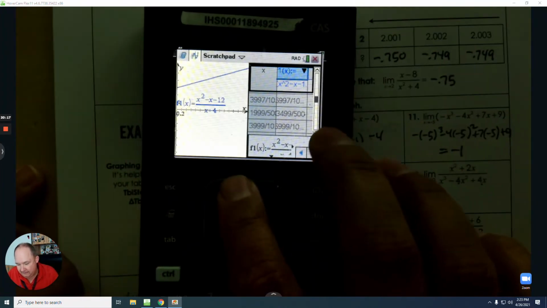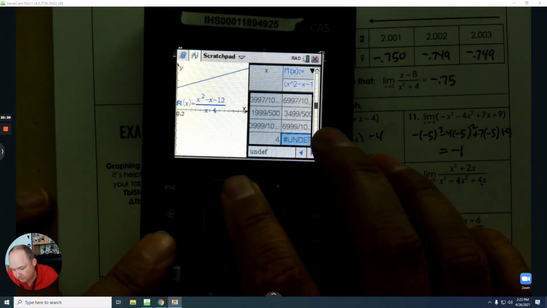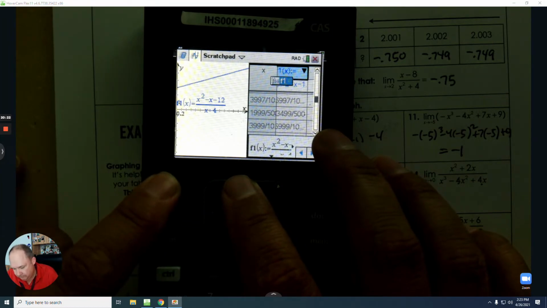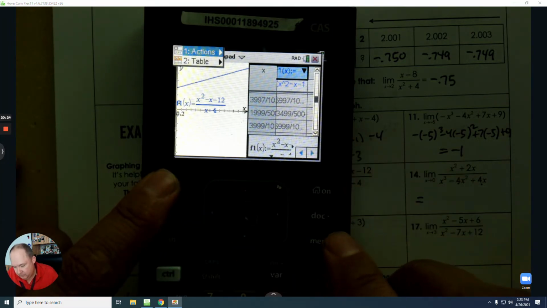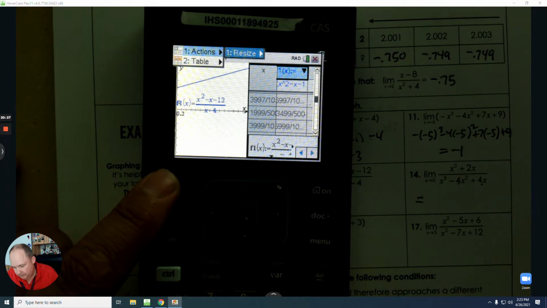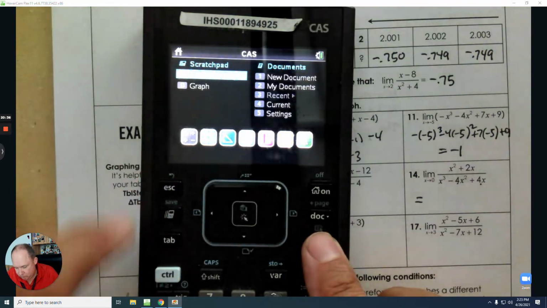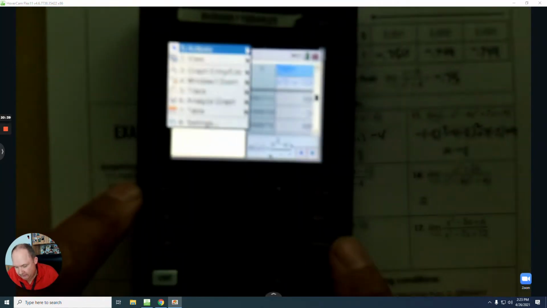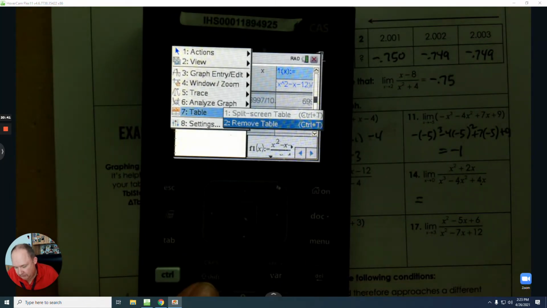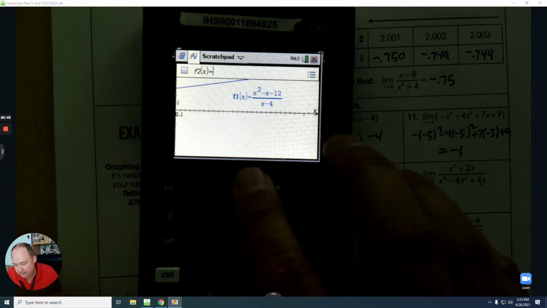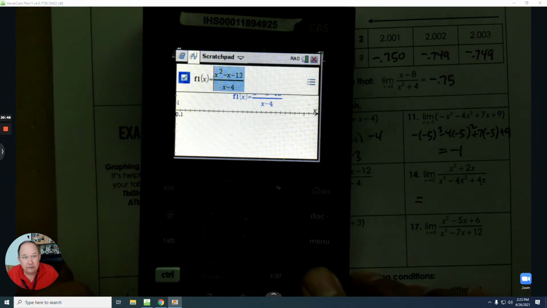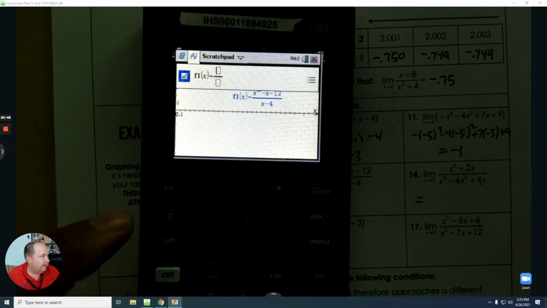So I'm going to go Tab. So I'm first going to remove the table. I'm going to put in the function I want. So I'm going to delete this. I'm going to go Control Divide, and our function is x squared plus 2x.